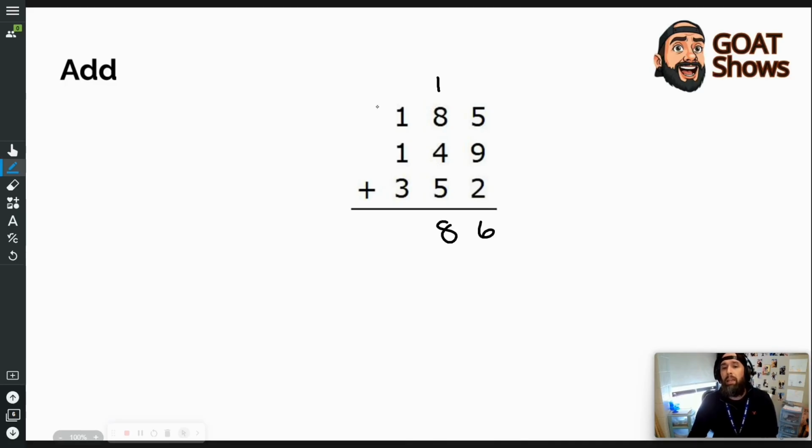Write out your 8, carry the 1. 1 plus 1 is 2. 2 plus 1 is 3. 3 plus 3 is 6. That gets you 686. All right? You feeling good?